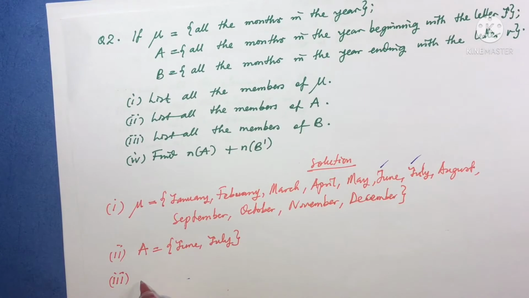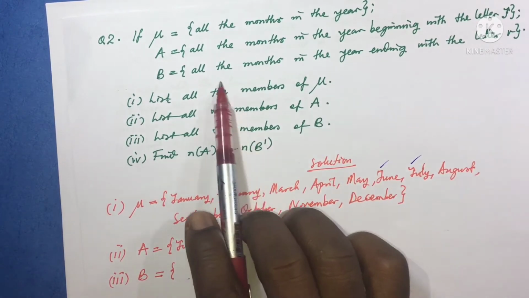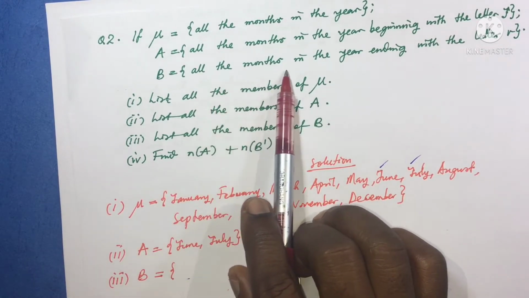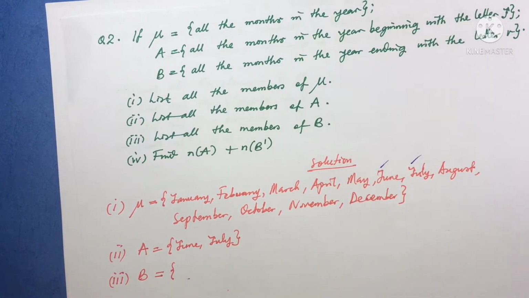Question number 3 demands that we list all the members of B. So what are the members of B? Remember, we are told that all the months in the year ending with the letter R would describe B. So what are the elements in the universal set that end with the letter R?